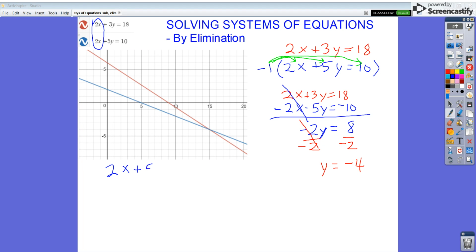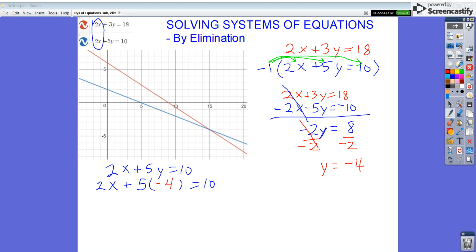I'm starting over here on the left side to give me some more room. And we're going to substitute for y. So I like to put parentheses in case I have a big term I'm putting in there, equals 10. And that's going to be minus 4.